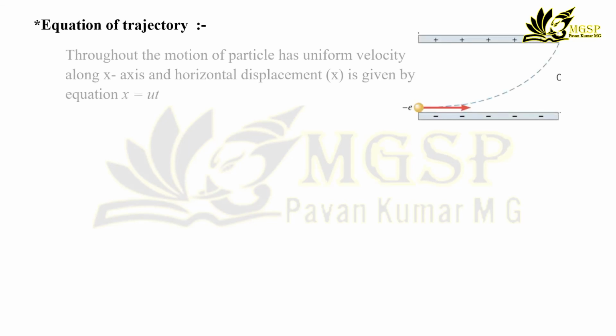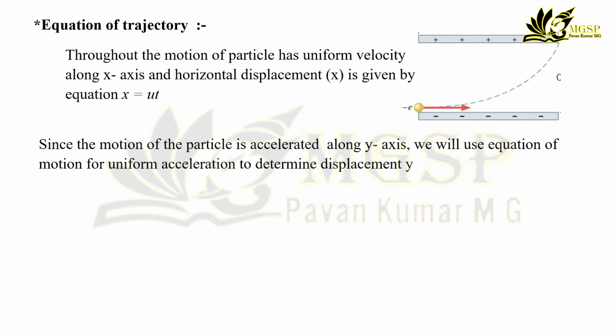Let's derive the equation. The motion of the particle has a velocity u along x, and the horizontal displacement x is given by x is equal to ut. Since the motion of the particle is accelerated along the y direction, the displacement y is determined by s is equal to ut plus half at square.